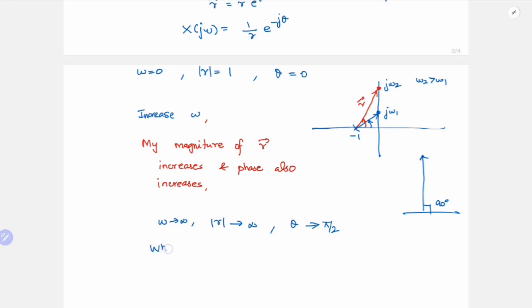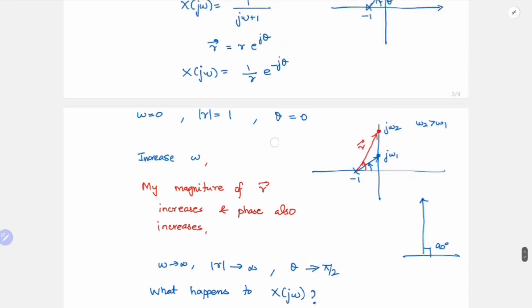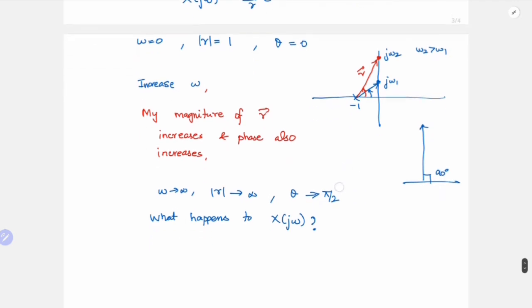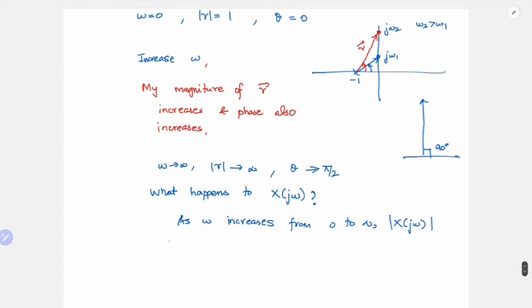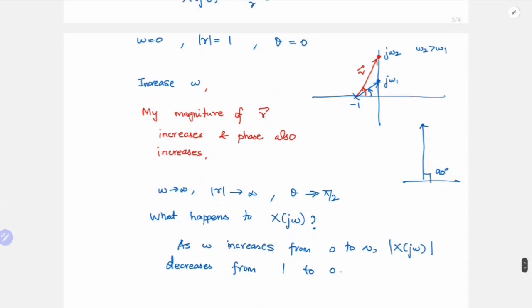But what happens to X of j omega, which is the Fourier transform? So it is nothing but 1 by r vector, right? So what will happen to that? As omega increases from 0 to infinity, X of j omega, the magnitude decreases from 1 to 0 because r is going to infinity.